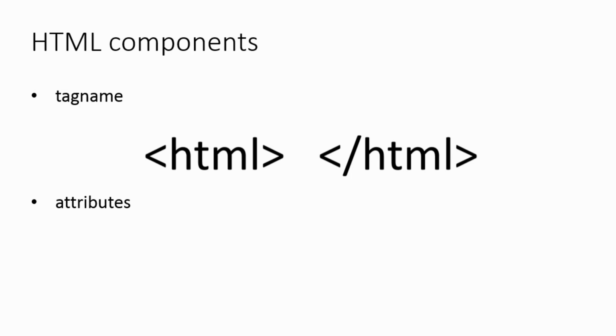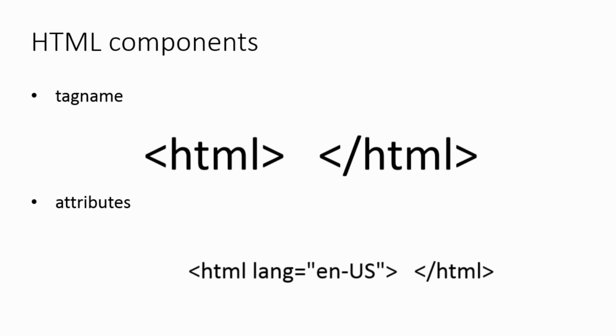Next is attribute. Attributes are the things that are associated with an HTML tag. If in the main tag there is something besides the HTML tag name, then they are attributes.